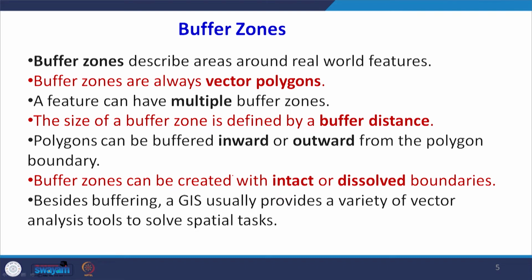Now these buffer zones can be intact or dissolved. If there are 3 points and I create the buffer zone around them and they are very close to each other, I can leave it like that, or I can dissolve them, so that the common boundary is not shown in both the buffers.